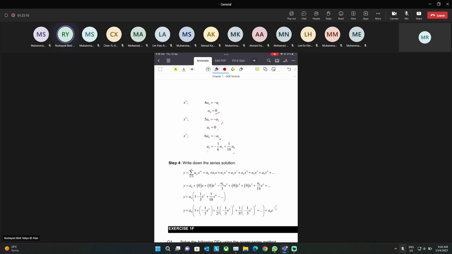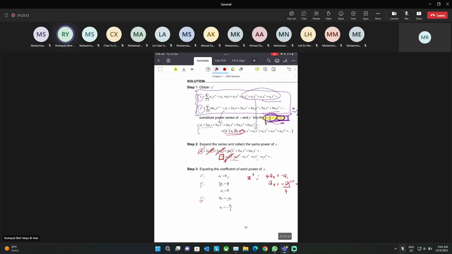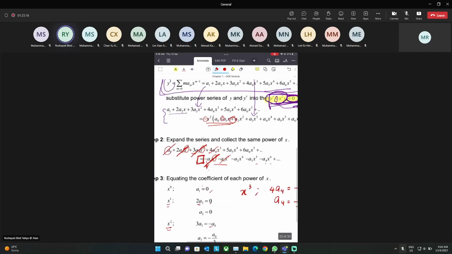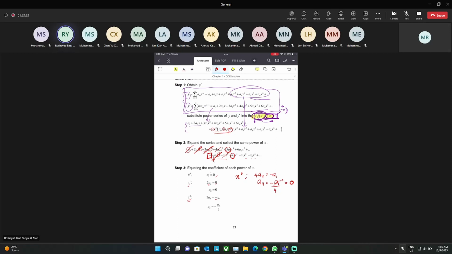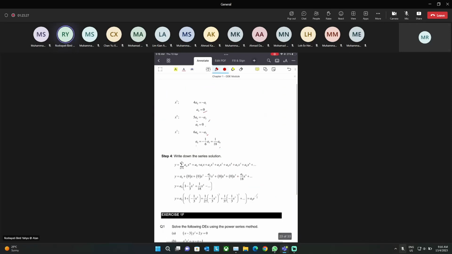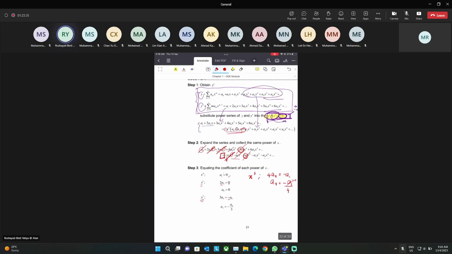So 5a5, x to the power of 4. So 5a5 equal to negative a2. Okay. So after that you cancel. 5a5 negative a2. Okay. A2, look at the previous part, A2 equal to 0.